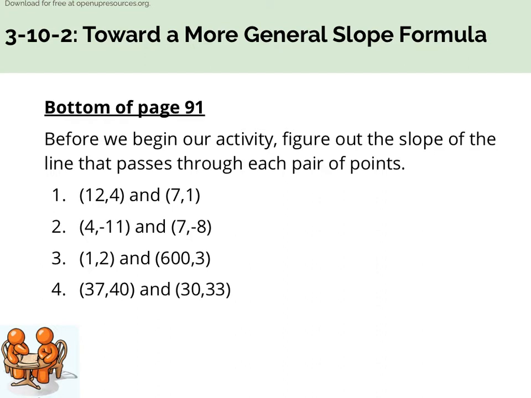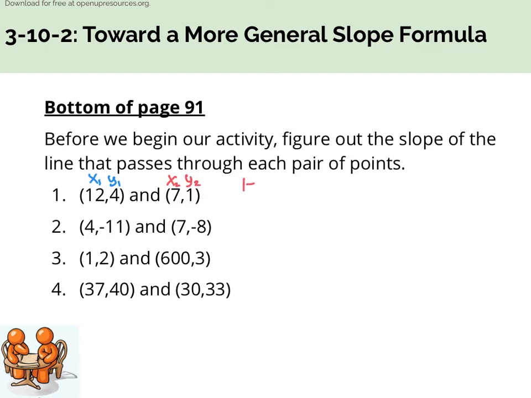So remember that we can subtract our y's and then subtract our x's. So pretty much we have x1, y1, and then we have another point, x2, y2. Let's subtract our y's.